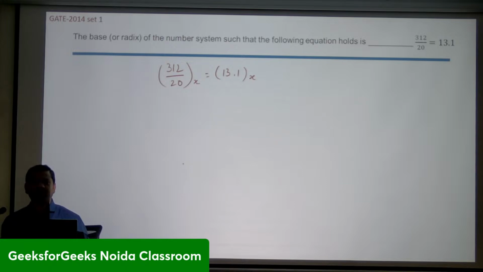So you have to compute the base x for this particular question. It looks very easy, but that has a minor trick, and if you ignore that particular trick, your answer is going to be wrong. So I'm just expecting your answer first, and then I'll solve it.